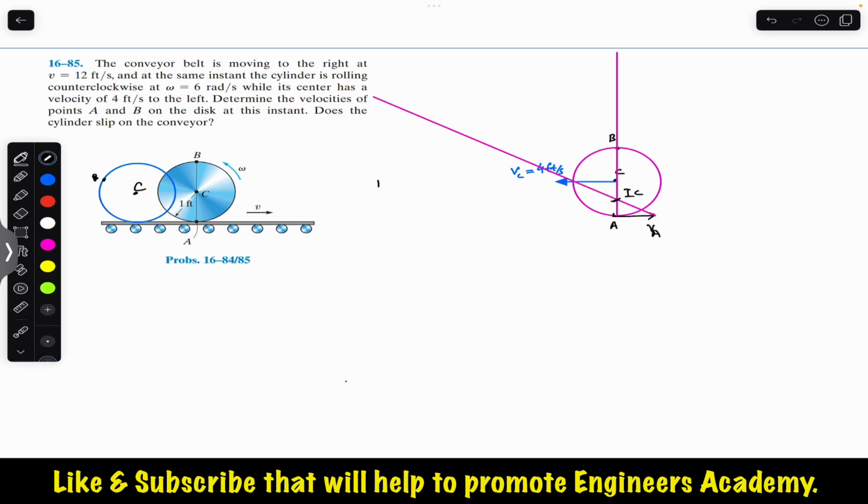So the velocity of B must be towards the left, since this line will join the tail of the velocity of B and this line must join the head of the velocity of B.